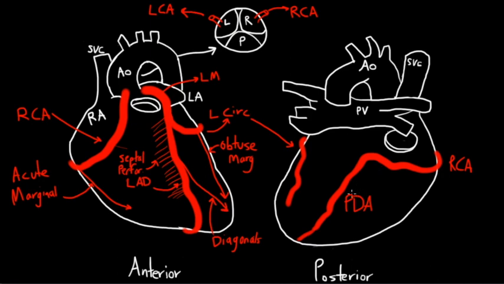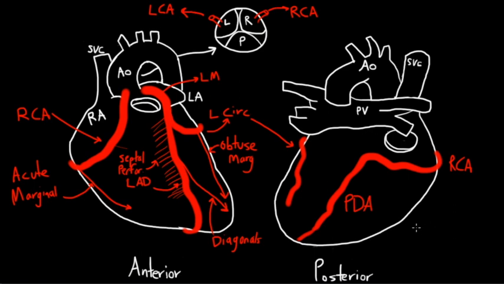Just by convention, we define whatever vessel provides blood flow to the PDA as the dominance of the heart. So if the PDA gets its blood supply from the right side, we call it a right dominant heart. If it gets its blood supply from the left circumflex, we call it a left dominant heart. And if it gets its blood supply from both, we call it co-dominant.